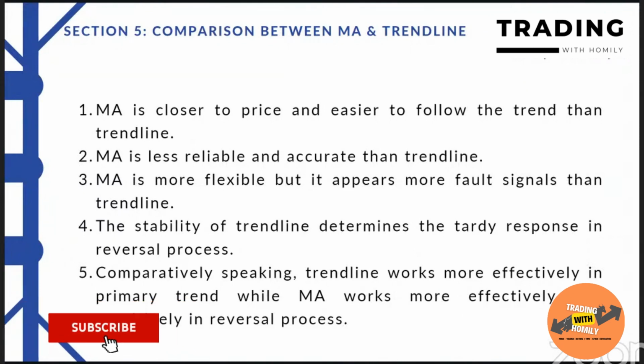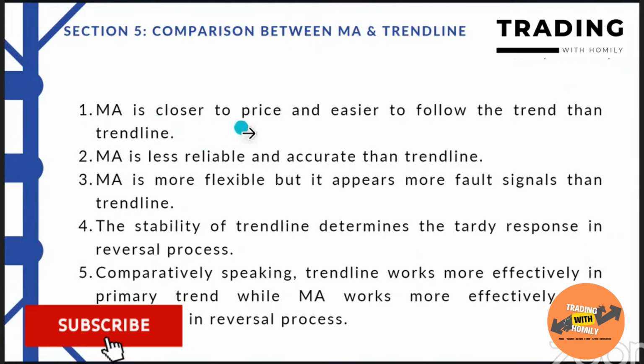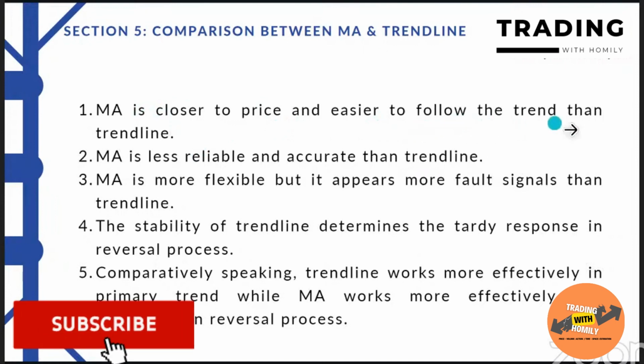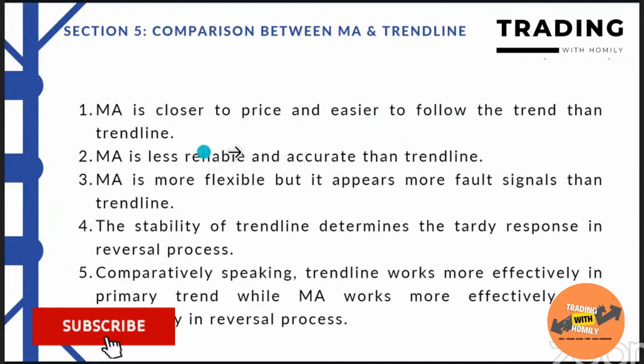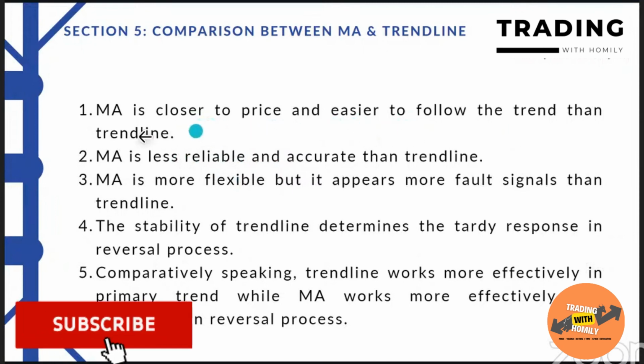So between the MA and trend line, MA is closer to price and easier to follow the trend than trend line. Because it is calculated according to the closing price, it will be closer to the stock price. So that's why MA is easier to follow, because MA follows the stock price.